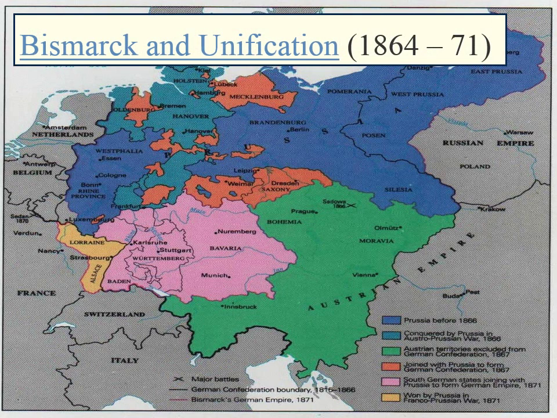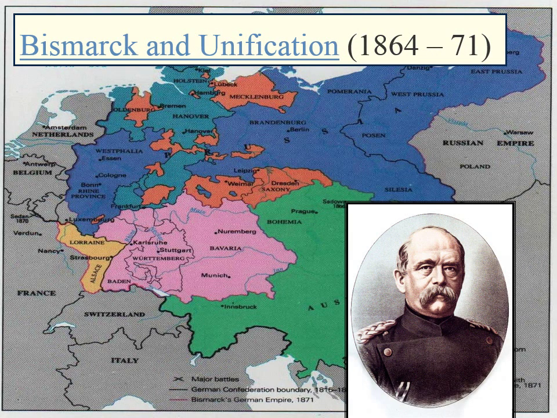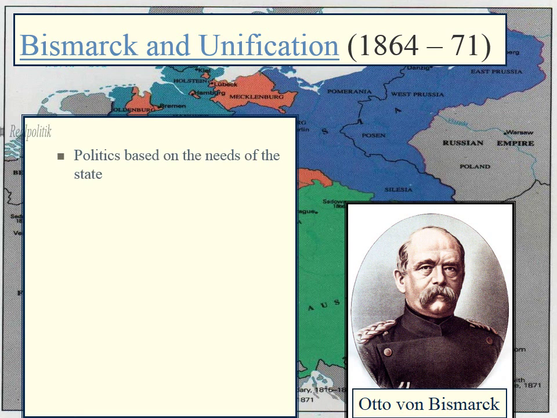So what Bismarck does is he first puts into practice a form of politics called realpolitik, and he promotes this, and it's politics based on the needs of the state, right? Everything that is done for the good of the state.